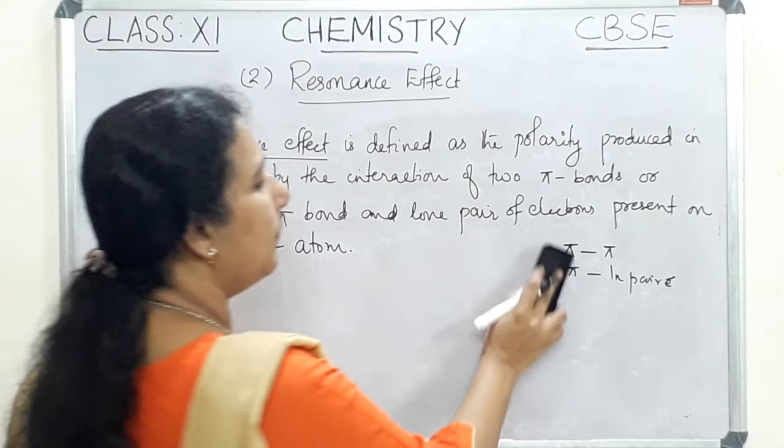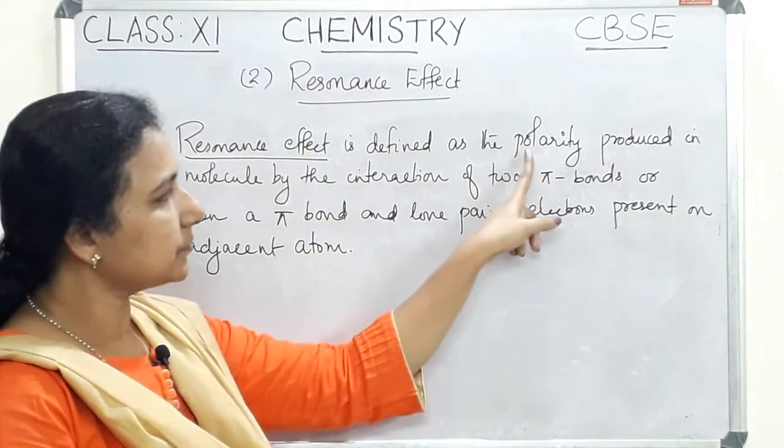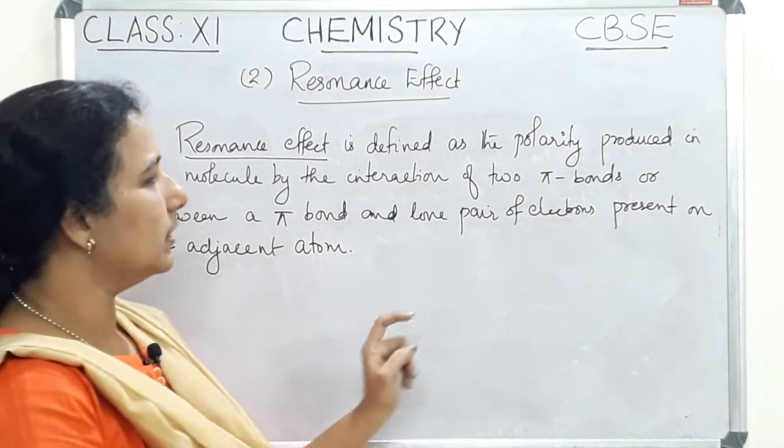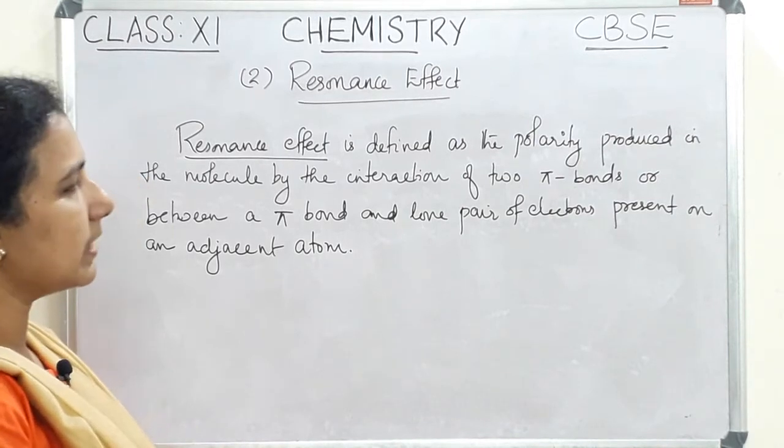So these are the possibilities in this case. Due to resonance effect, the polarity will be produced in the molecule. So we can draw some resonance structures in this case also.